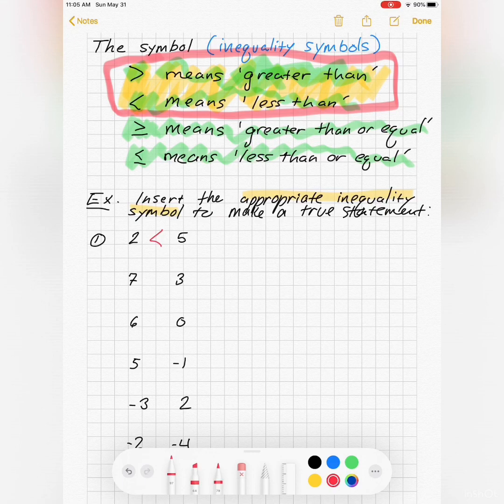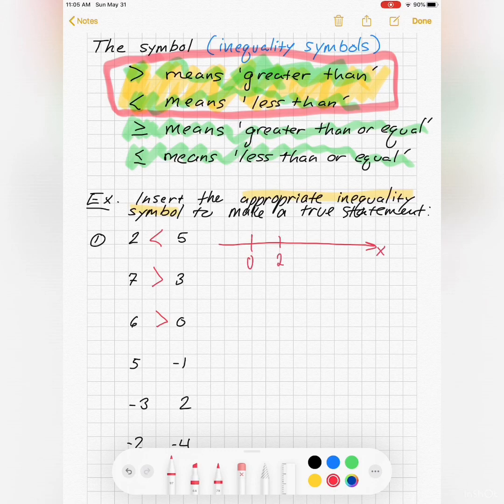Okay, look at the next one. 7, is 7 greater than 3? Yes, it is. 7 is more than 3. What about 6? 6 is more than 0. Another way to look at these, if it's helpful or if it's necessary, you can look at a number line and you could say, okay, so like here's say 0.